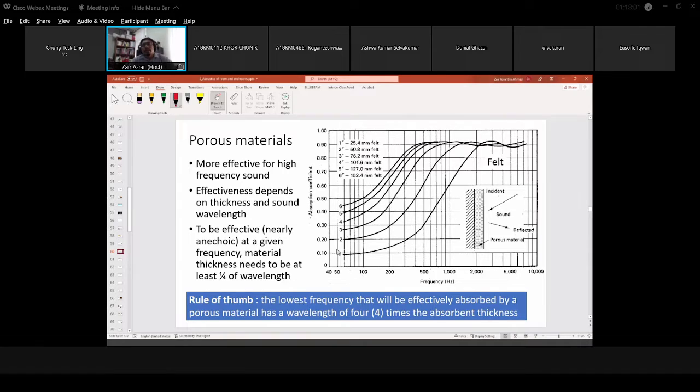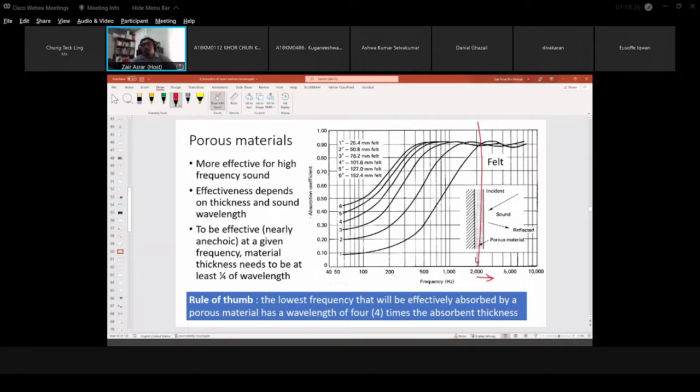Okay, so we can see that all of them converge to a very good absorption coefficient. One means very good absorption, absorb almost all sound. Okay, so around this range, basically we can say above 2000 hertz, thickness from 1 to 6 inch will absorb sound, okay, very well.